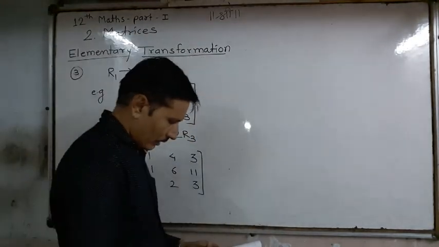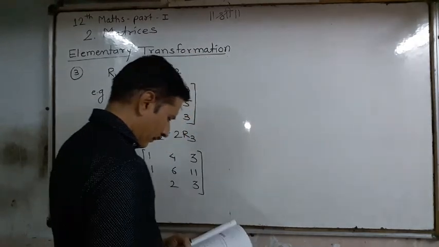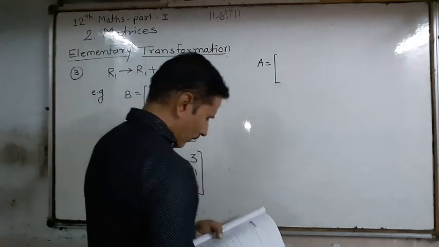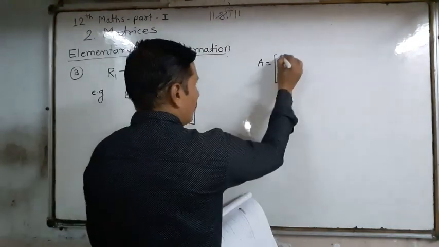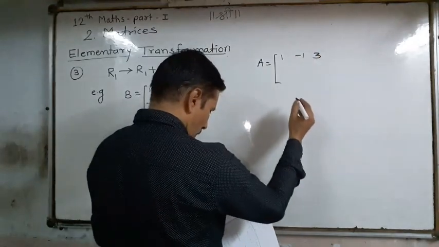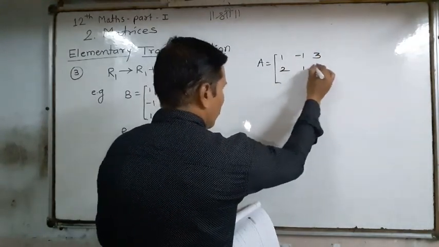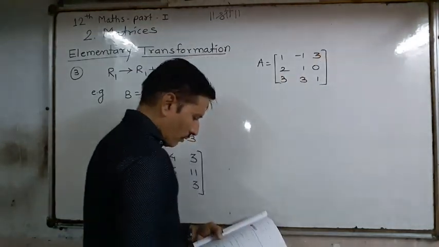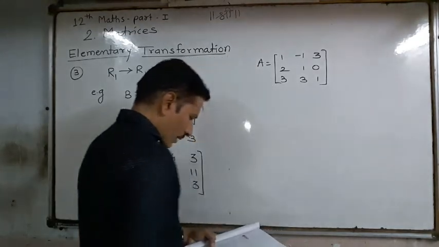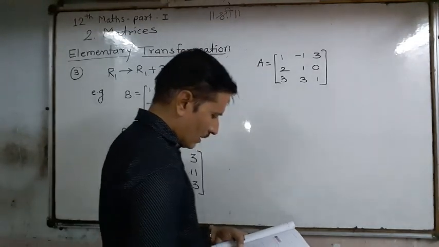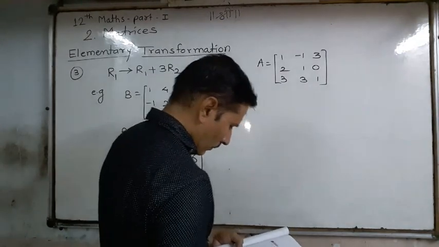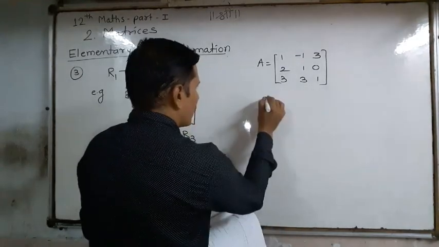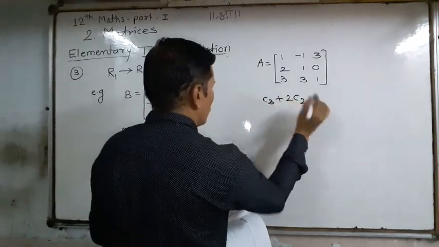like the given matrix is A, and the elements of this matrix are 1, minus 1, 3, 2, 1, 0, 3, 3, 1, and we have to apply the transformation C3 plus 2C2.